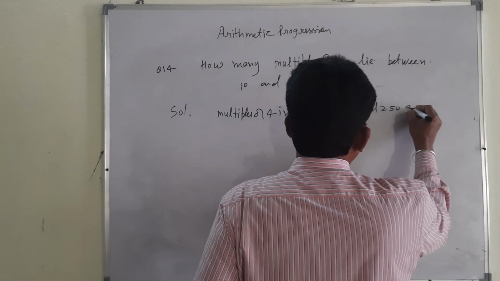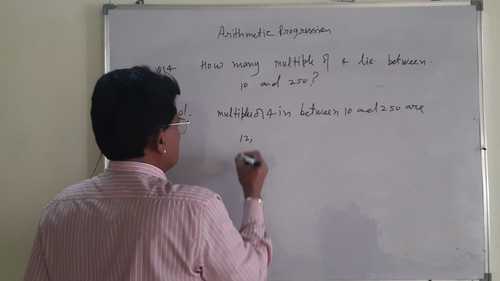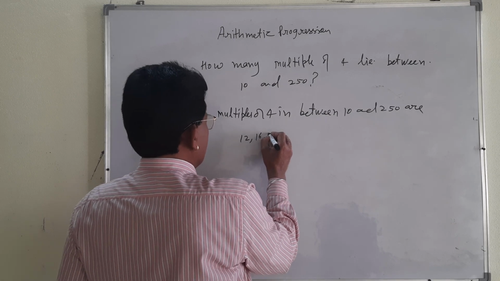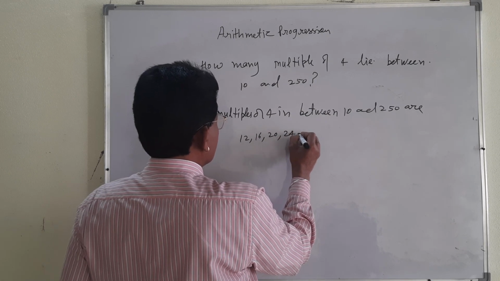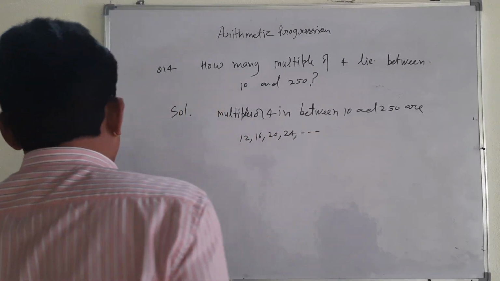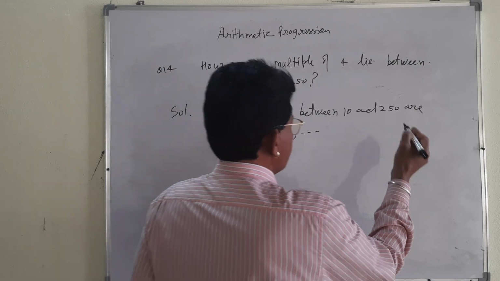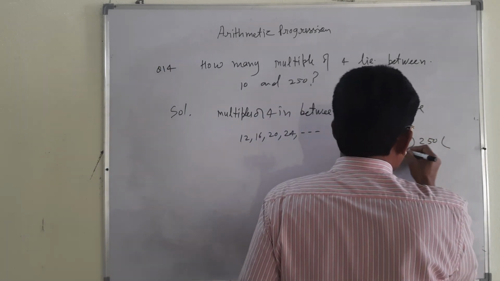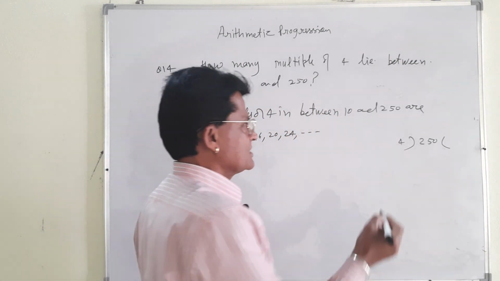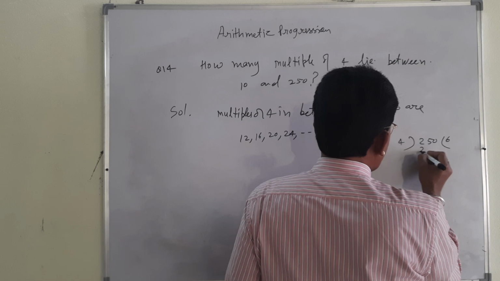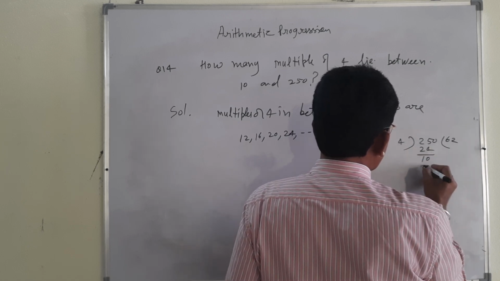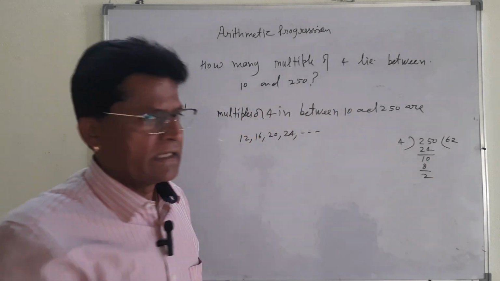What will be the first? The first is 12. After that, tell me the multiples of 4: 16, and 20, and 24, and so on. Now tell me what will be the number just before 250. Divide by 4 and see: 4 sixes are 24, 1 0, 2 times, remainder is 2.